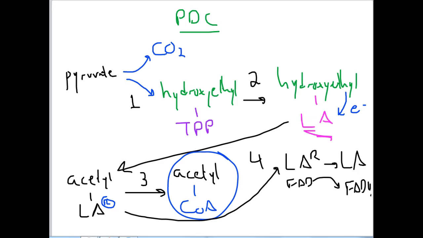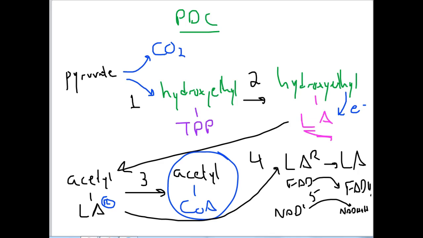So the final step, step 5, is that NAD then takes those electrons from FADH2. NAD goes to being in its reduced form, NADH plus H, and NADH plus H is going to shuttle those electrons on to the electron transport chain.